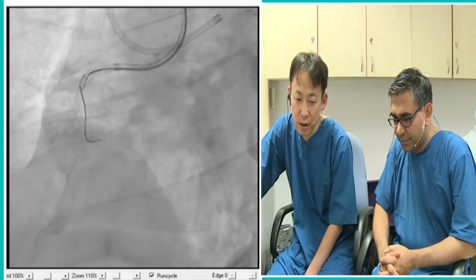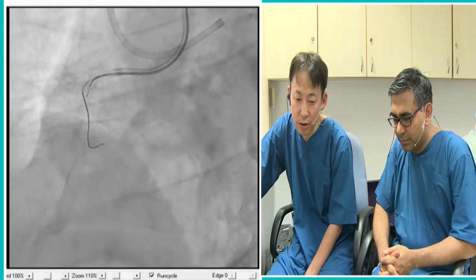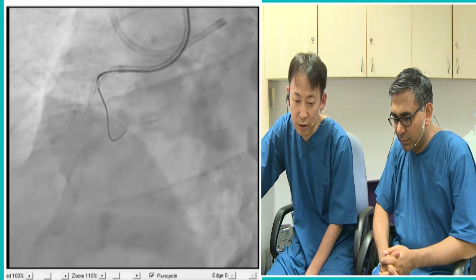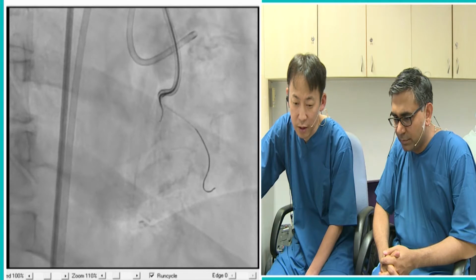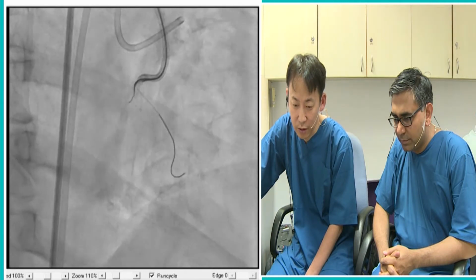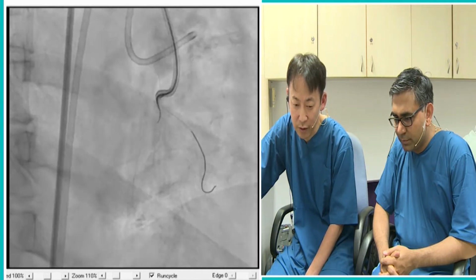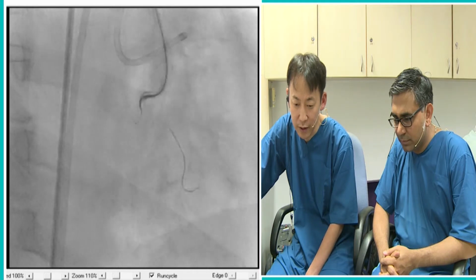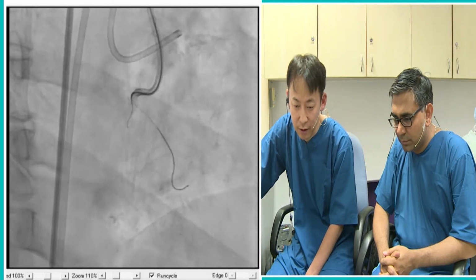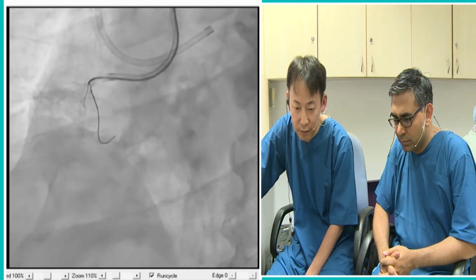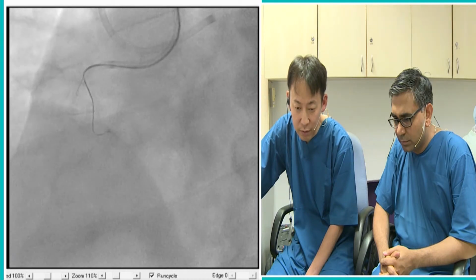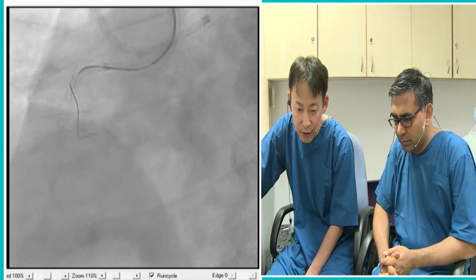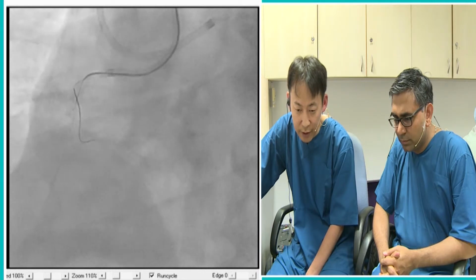Okay, this is Gaia Second. I managed the guide wire carefully so that we can use the calcification as a landmark for the antegrade wire. Finally, this wire can go down very easily like this.